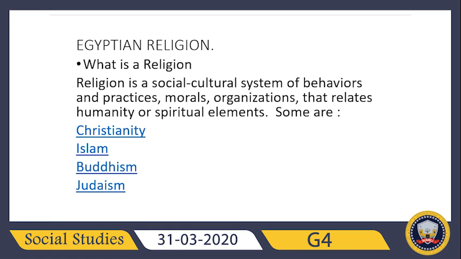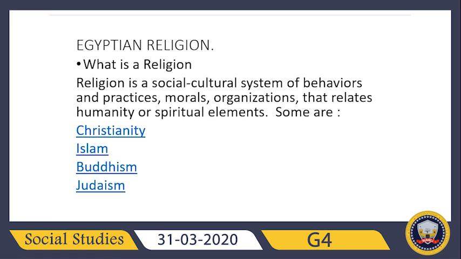So religion is a social cultural system of behaviors, the way you behave, the way you practice, your morals, the way you act, the way you organize yourself, and your humanity or spiritual elements.